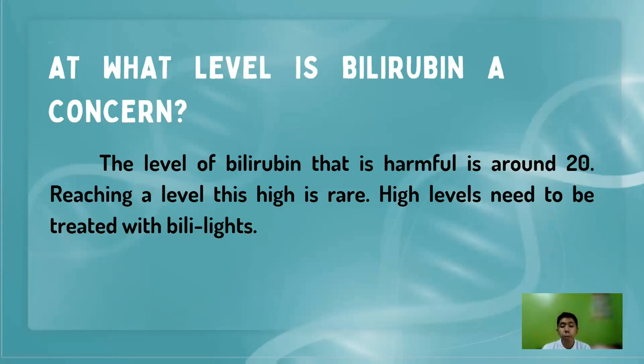To reduce bilirubin, stay hydrated. Staying hydrated helps lower bilirubin levels by facilitating the removal of waste from the body. Consume fresh fruits and vegetables, avoid alcohol, and increase your intake of fiber.